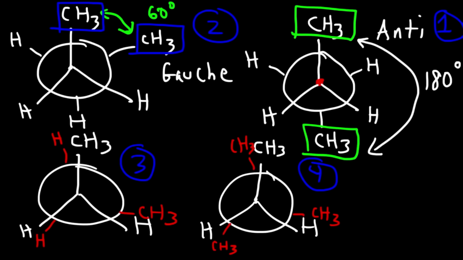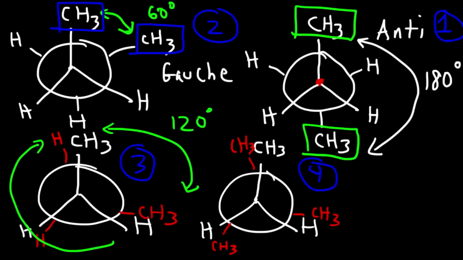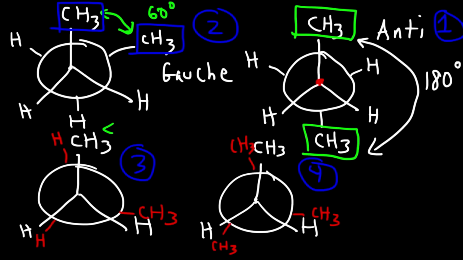Now for the eclipsed conformation, number 3, notice that the methyls are 120 degrees apart. Or if you count it in the other direction, they're 240 degrees apart, because 240 plus 120 adds up to 360. And for the last one, it's 0 degrees apart. 0 degrees and 360 are the same.